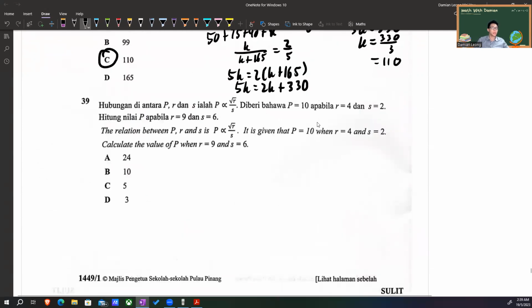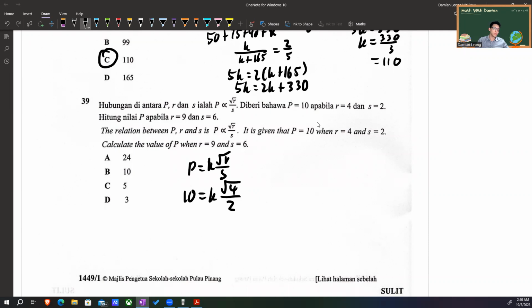Question 39. Relation between P, R, and S. P varies with the square root of R over S. I'm given P is this, R is this, S is this. Find the value of P when R is 9, S is 6. I would form the equation first. Basically, P equals K times square root of R over S. Find K, sub in all the values. 10 equals K times square root of 4 over 2.